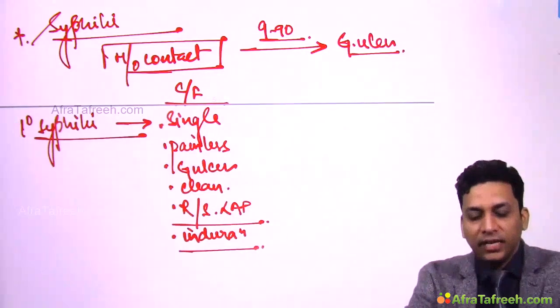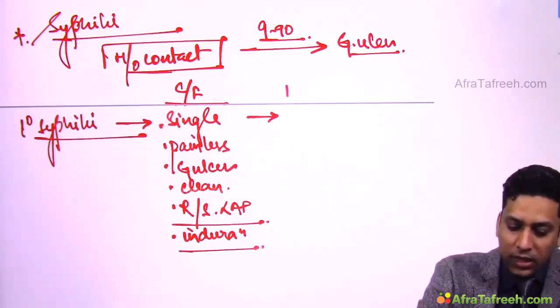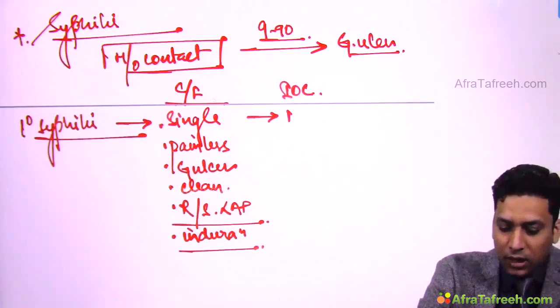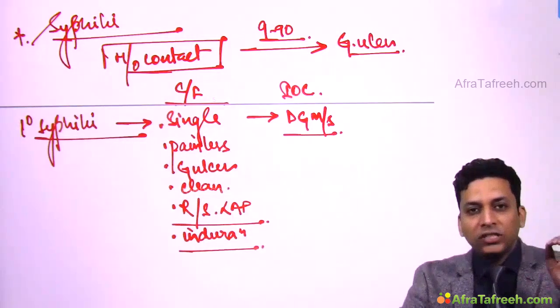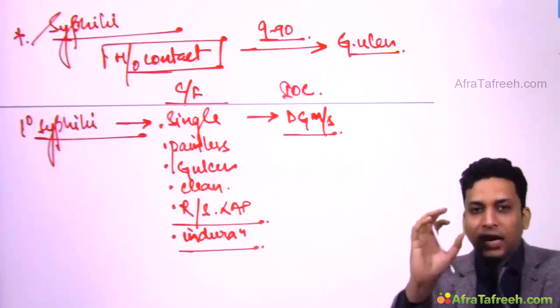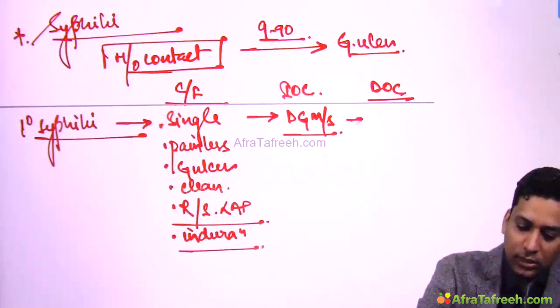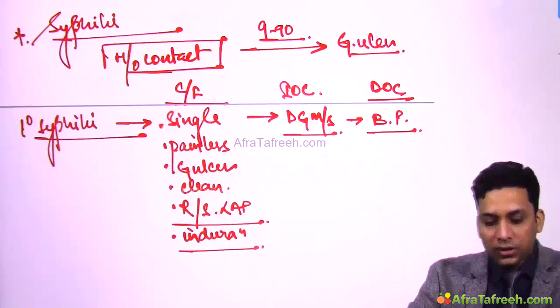If you want to confirm your diagnosis, the investigation of choice is dark ground microscopy, where you can examine for Treponema pallidum, which have a corkscrew shape and spiral movement. And the drug of choice, I told you, is benzathine penicillin. So this is how you approach this case.